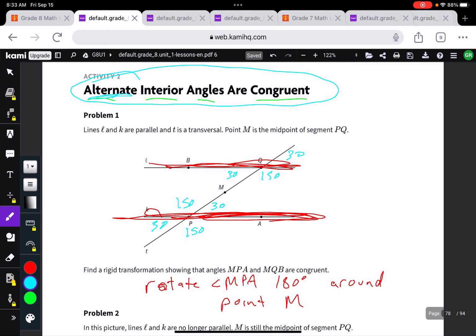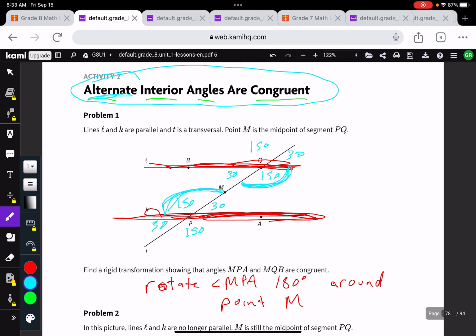And technically speaking, you could argue that this is an alternate interior to that, and that's 150, and that's 150. So it's a fancy, fancy word. Whether or not you remember alternate interiors doesn't matter, as long as you understand that, hey, if I know lines are parallel and they're cut by another line, I can tell you all the angles for both parallel lines.